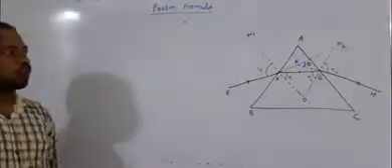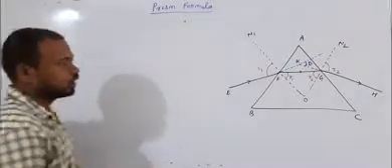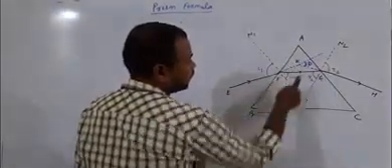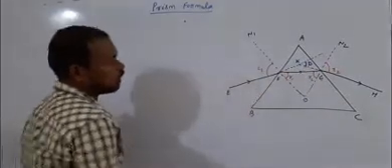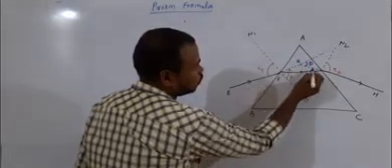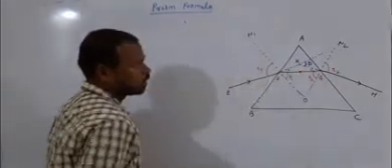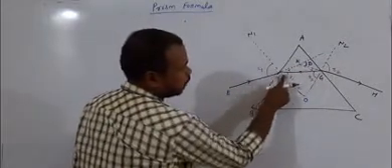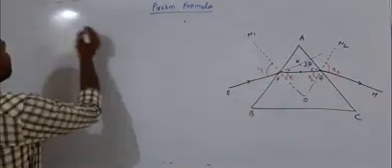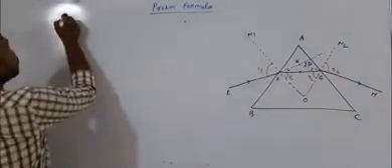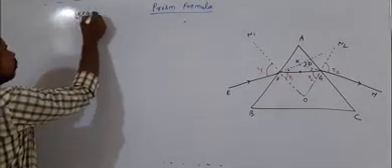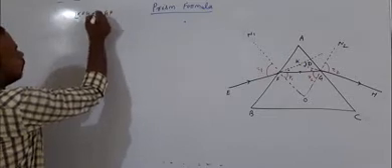Now see here, what is the value of the angle of deviation? Consider the triangle KFG. In this triangle, D is the exterior angle. The exterior angle is equal to the sum of the two interior opposite angles. D is equal to angle KFG plus angle KGF.